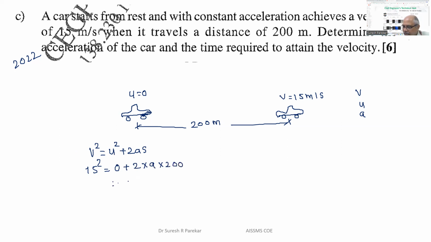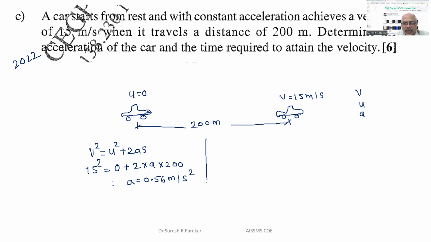And from this, I will get a, I will just calculate it, 0.56 meters per second square. So we have 225 upon 400.